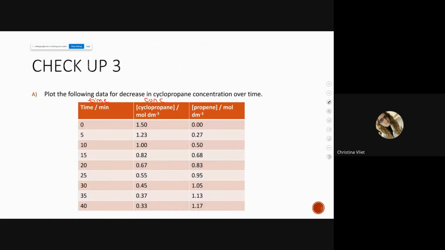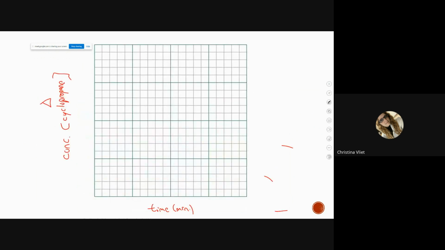So the time goes up to 40. We can even go to 40. It doesn't say they have to go farther. So how can we break this graph up from 0 to 40? It would be 0, 10, and 40.